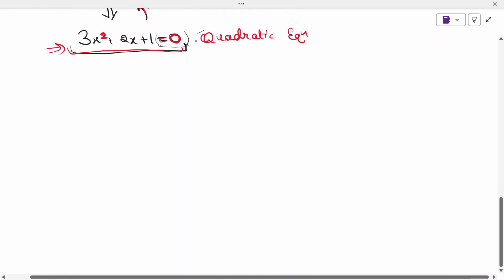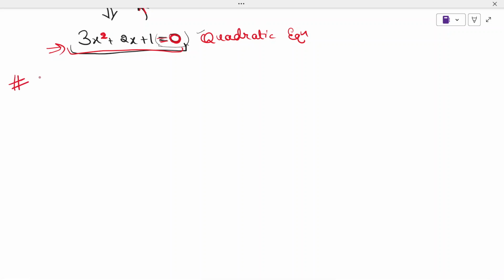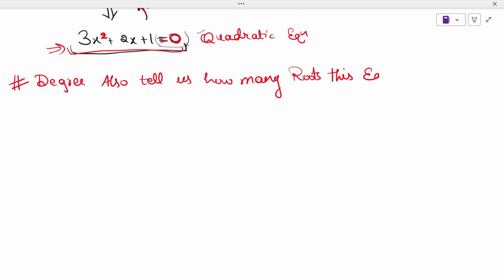Now, one thing, always remember, degree also tells us how many roots this equation can have. What are roots? Okay, now I am going to tell you what roots are.